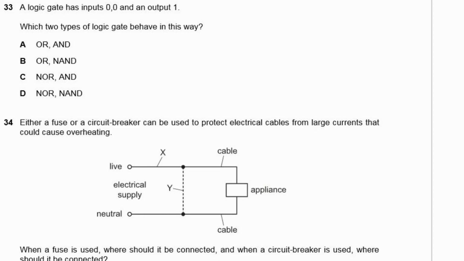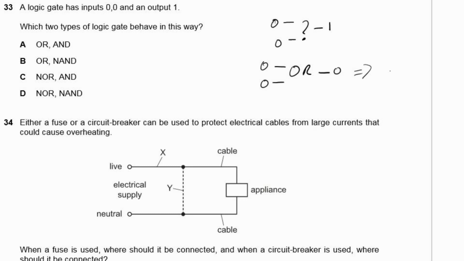Question 33. A logic gate has inputs 0, 0 and an output 1. Which 2 types of logic gate behave in this way? Alright, we've got 0, 0 and output 1, and the question is what mystery thing lies here? Well, an OR gate would take a 0 and a 0 and return a 0.